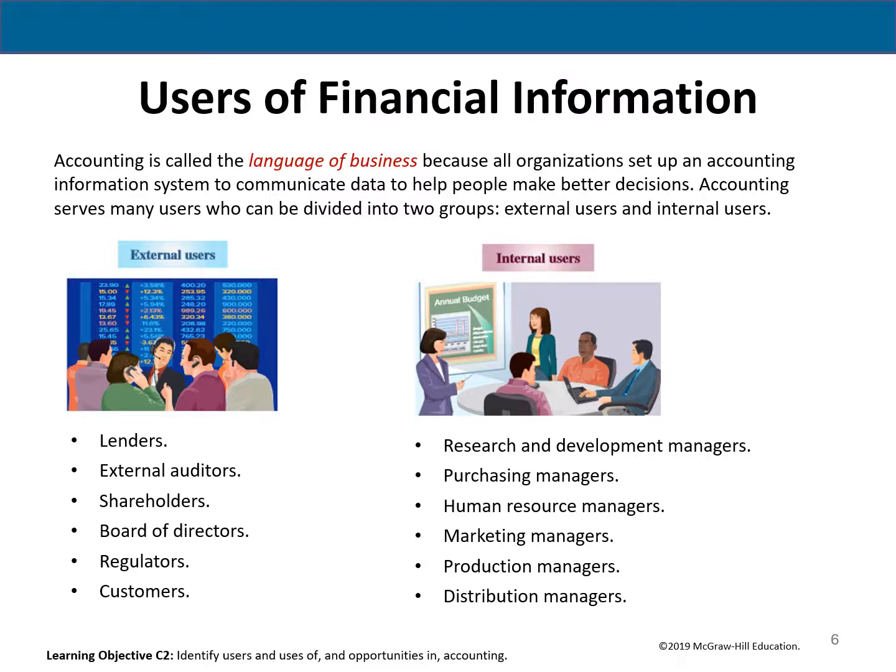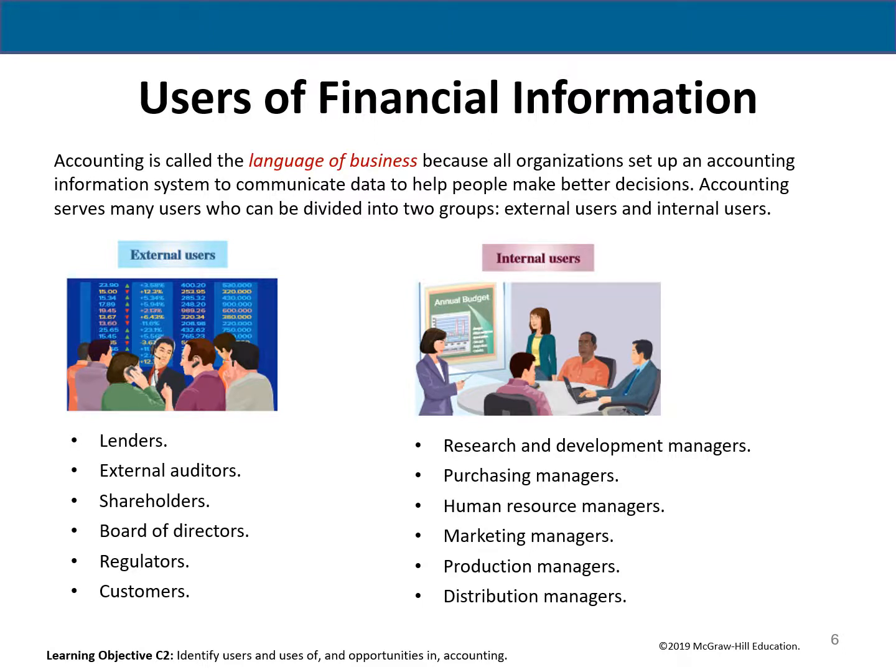Internal to the company, meaning the managers of the company, maybe the research and development employee manager, the purchasing manager, the human resource manager who hires and determines employment for the company, marketing managers, how much can we advertise, what can we advertise, where should we advertise, production managers, what should we make, how much should we make, and distribution managers, how much can we sell?